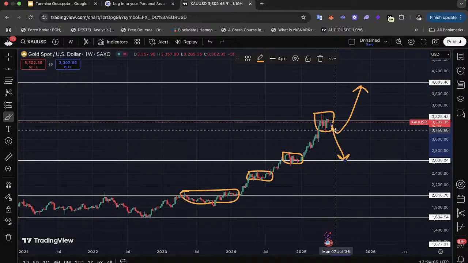So how do we position ourselves better on gold? By understanding the volatility. Risk management becomes a priority when we are talking about gold.